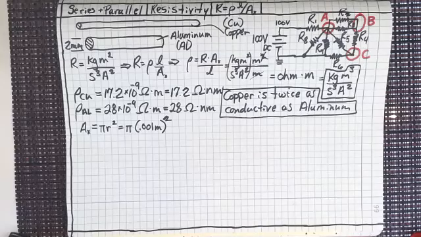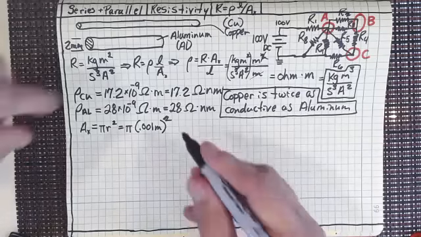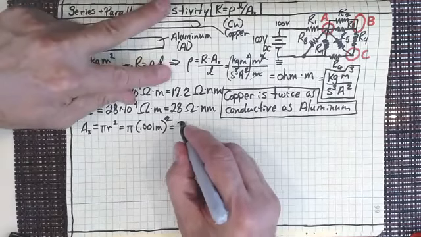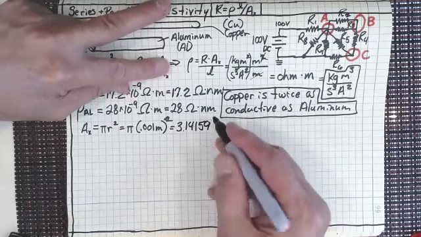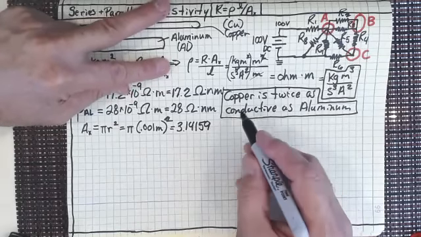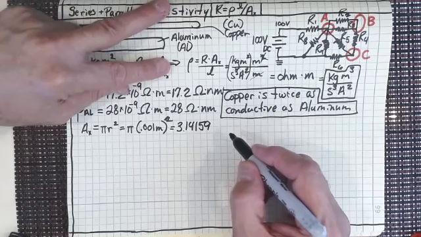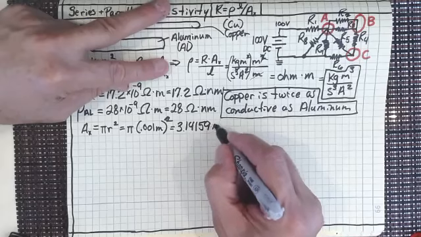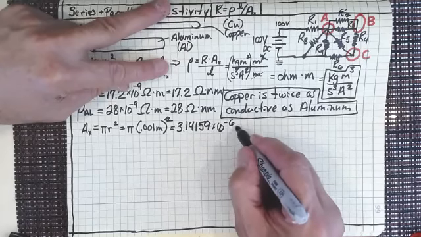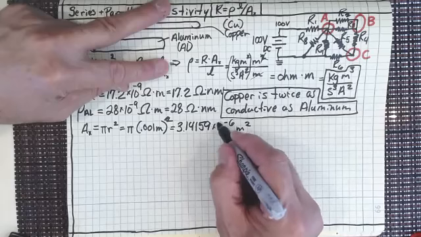So 0.001 squared times pi is 3.14159. Always remember, use pi out to 6 figures, times 10 to the minus 6 square meters.